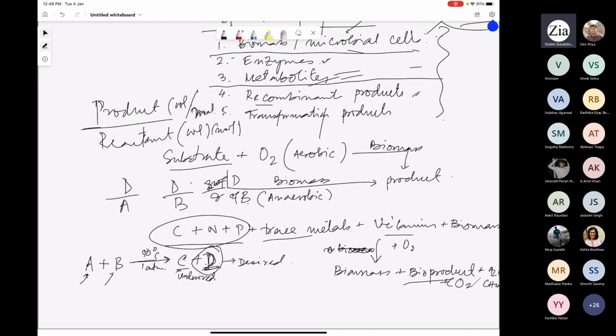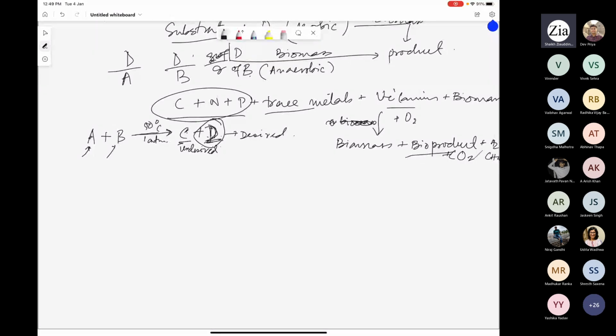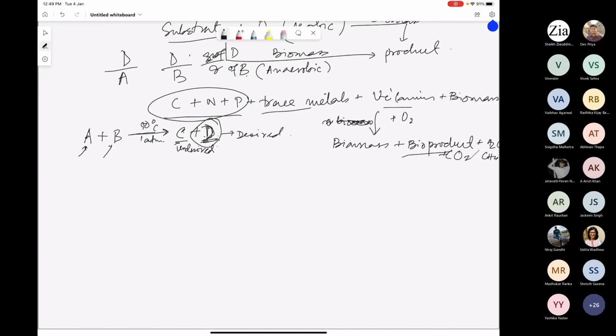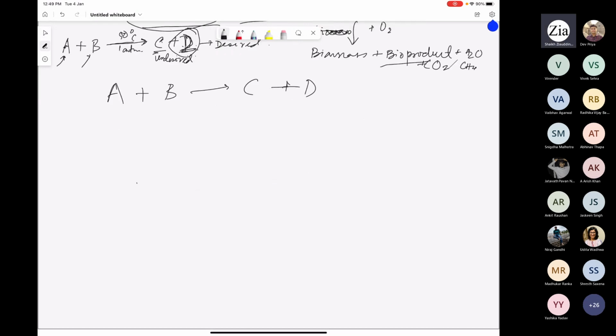Now, we have also mentioned that the stoichiometric equation has a significant impact. If I know that A plus B gives C plus D, and that 1 mole of A plus 1 mole of B gives 1 mole of C and 1 mole of D, then instead of putting an arrow, you can just equate.